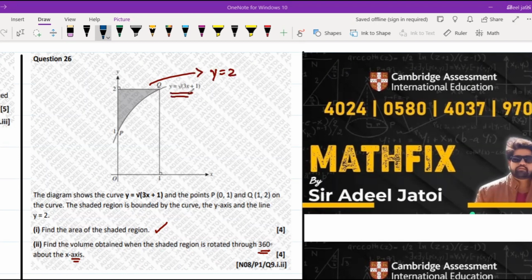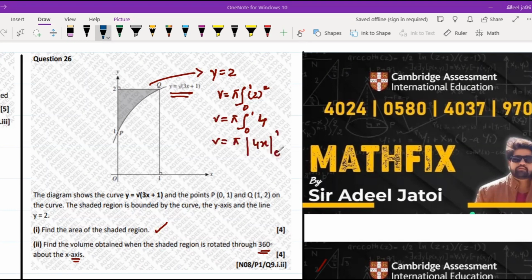When you have y equals 2, the volume is pi integration of 1 to 0 of 2 squared. This will give me the volume under the line, which will be pi integral of 4, because obviously we will be squaring 2.